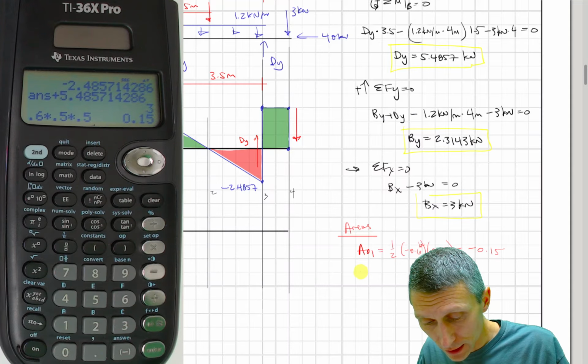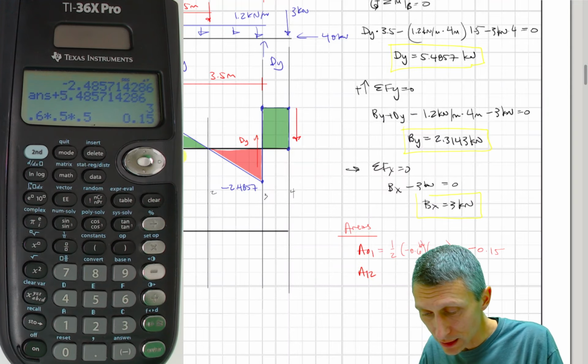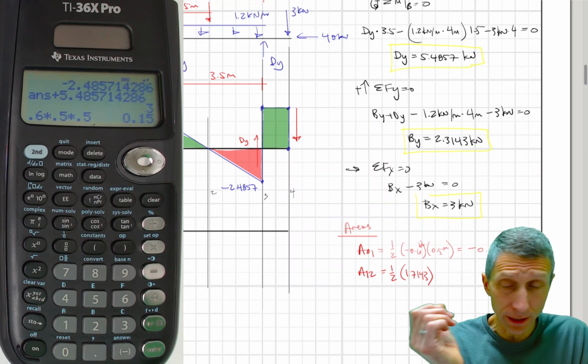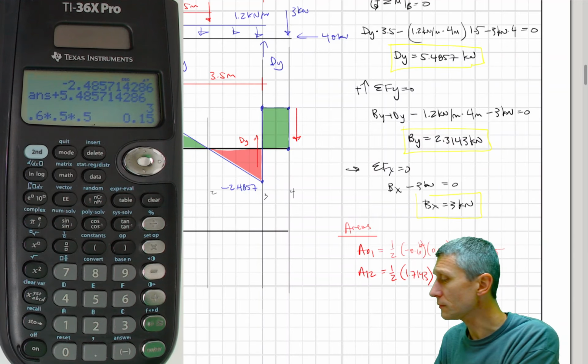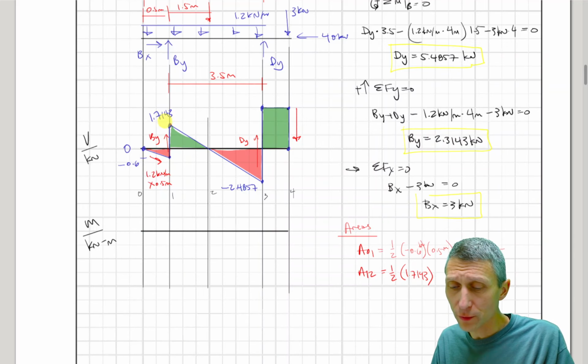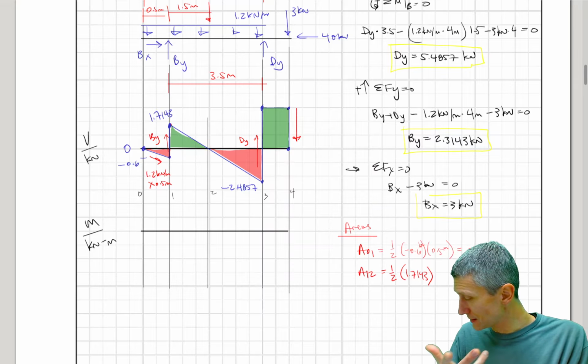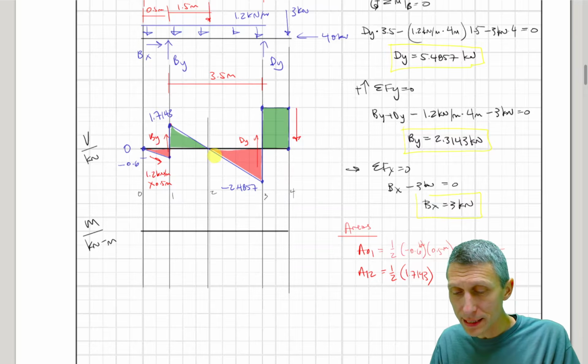Let's go to A12, this area here. We're going to do 1/2 times 1.7143 times the distance. The distance we don't know here, because it's not really symmetric. It's somewhat close to the middle, but it's not in the middle.